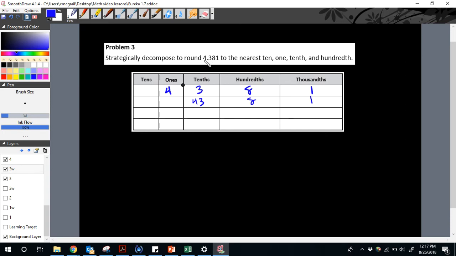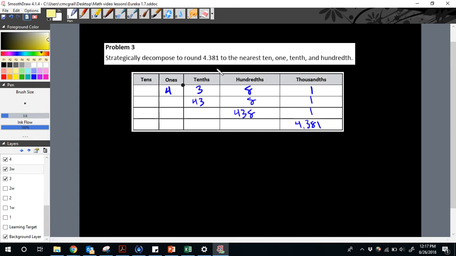I can also say it's going to be 438 hundredths and 1 thousandth. And then the last way of looking at it is I could say that I have 4,381 thousandths. Okay, so let's get started with our number lines.